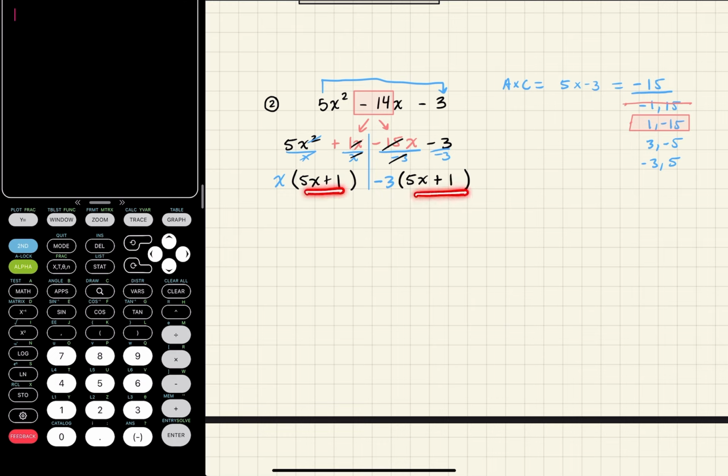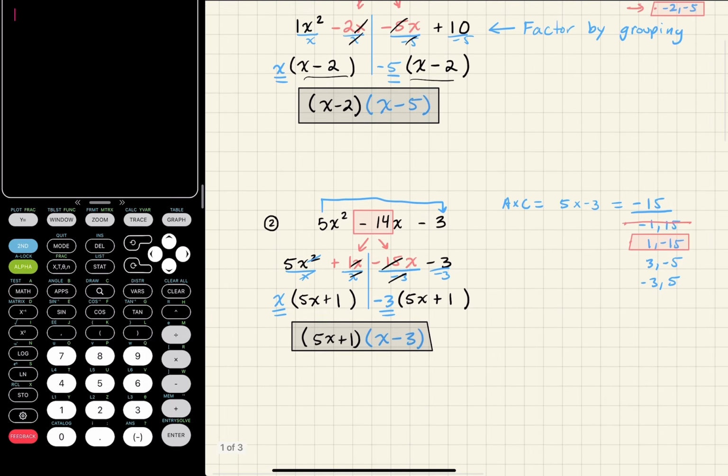These match, so we can be sure we've done it correctly. And we can write that term down. And the two outside pieces come together to form our other factor. And we're done. So that is the AC method.